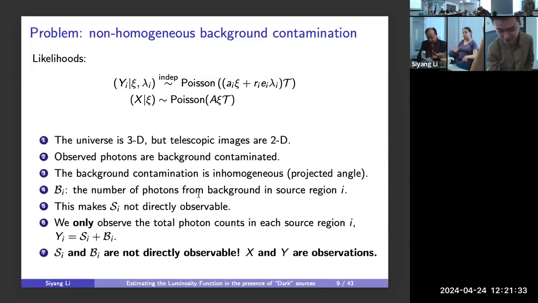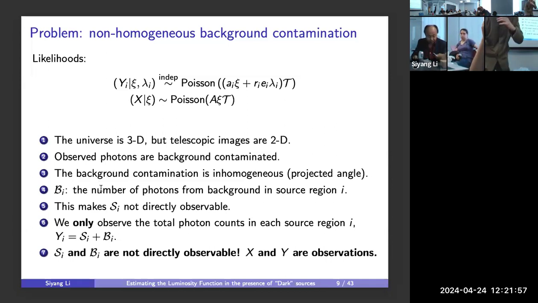Also, the background contamination can be inhomogeneous, such that the contamination rate will differ depending on the projected angle in the sky.